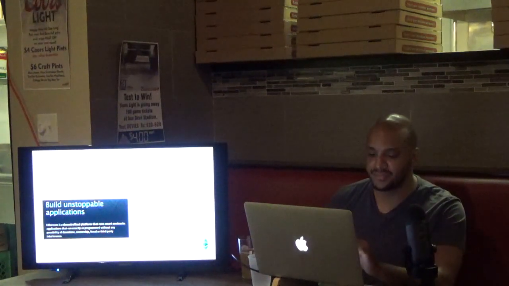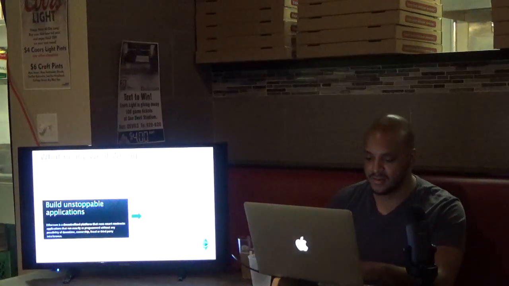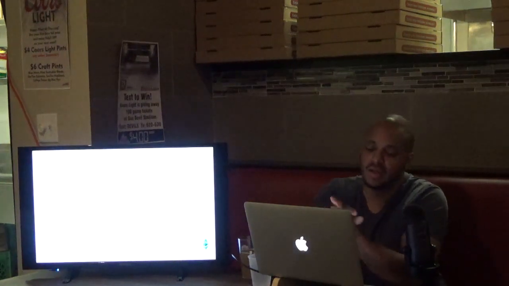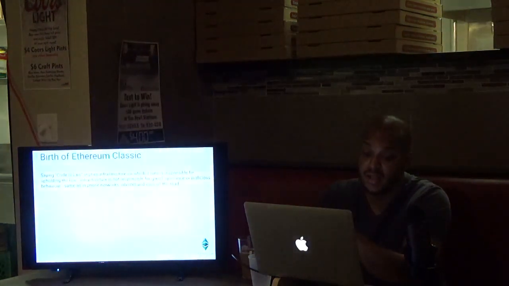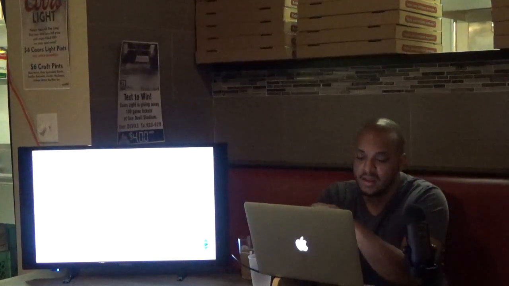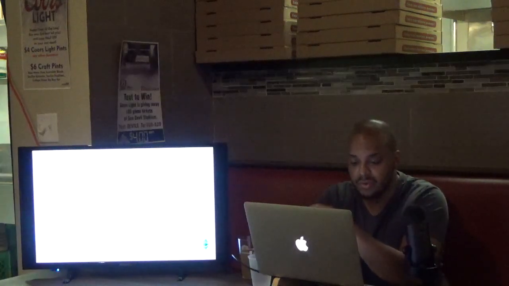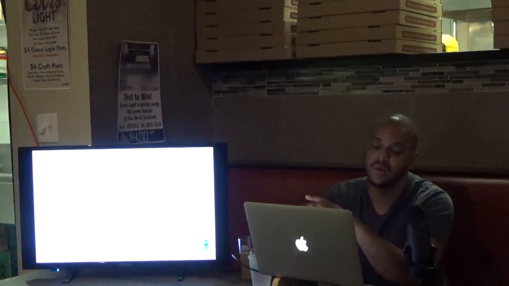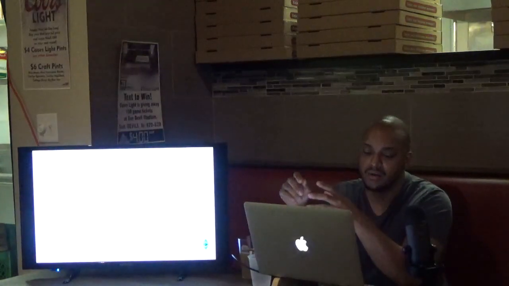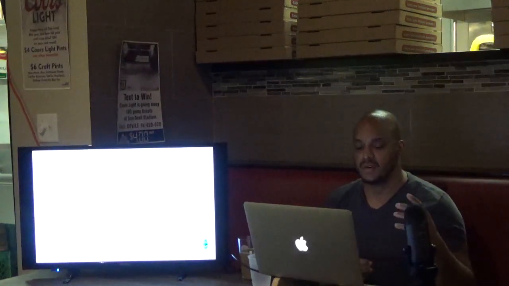So this slide talks about basically saying that Ethereum didn't really keep its word, and we're about to go into that in a second here. There's this whole thing bandied about a lot in the Ethereum community and Classic community called code is law, and in simplest terms, that just means that if you do have a world computer, if you do have a smart contract or a series of smart contracts that are running, whatever they're running is the law, but it's the law in terms of what's running on the blockchain.